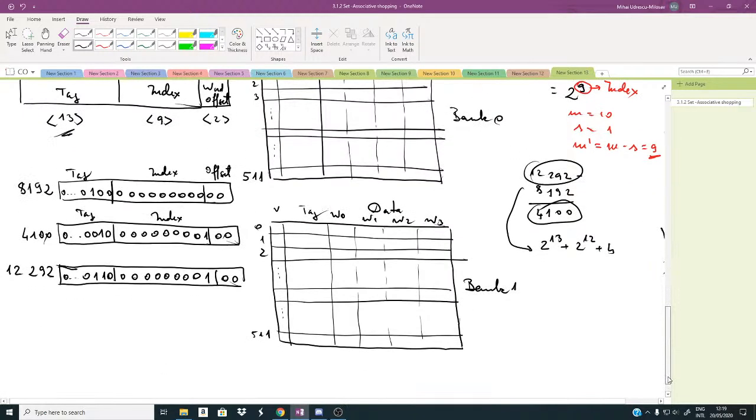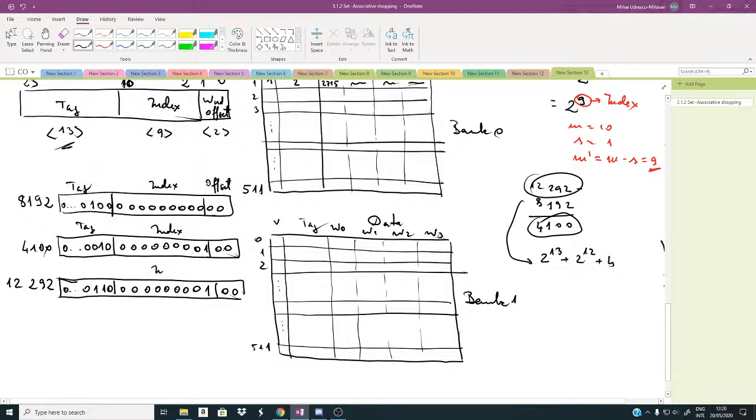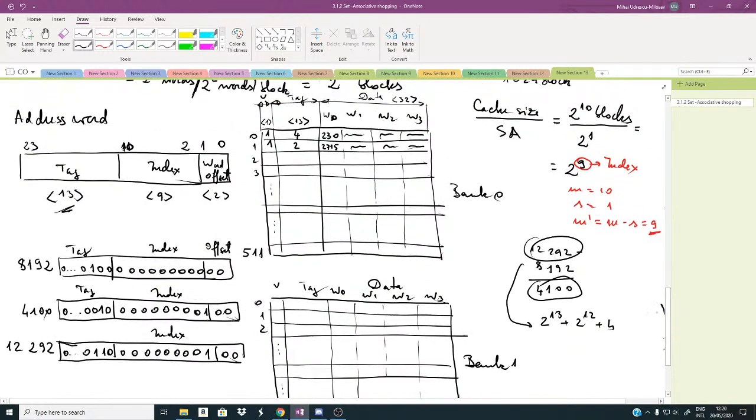So okay, the index is 1, but we have index 1, so index 1 is occupied here, but now we have the possibility of putting 2 blocks at the same index, and that is why I can put the entire block, which contains this address, in the cache. I'm going to put it here at index 1, obviously, because the index is 1.